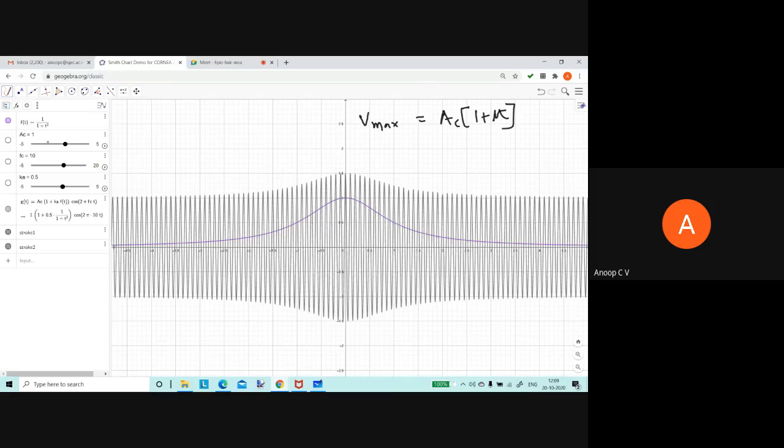Ac I have taken to be equal to 1, and mu is equal to Ka, that is 0.5. So it should be 1 into 1.5, that is equal to 1.5. You can see that the maximum here is 1.5.